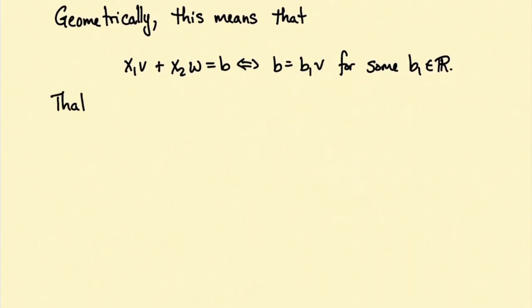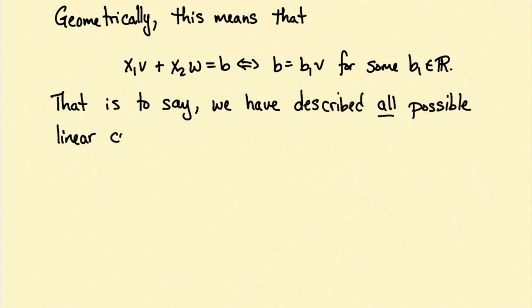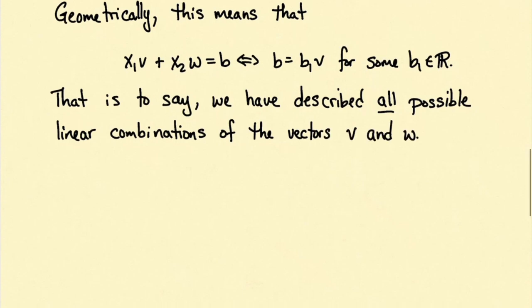This describes, in totality, all possible linear combinations of our two vectors v and w. This concept is so important that it warrants its own name.